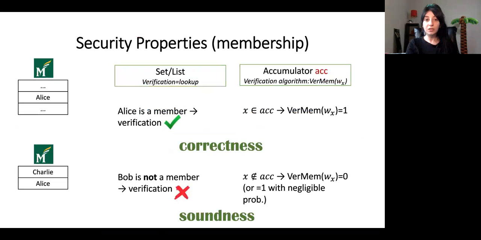About security, if an element X is in the accumulator, we want the membership verification to output 1, and if an element is not in the accumulator, we want the membership verification to output 0.